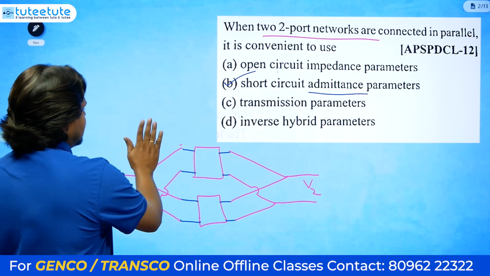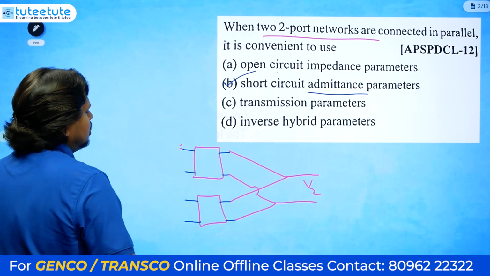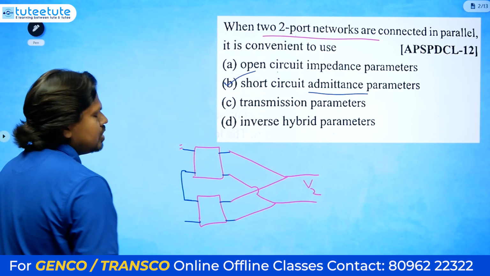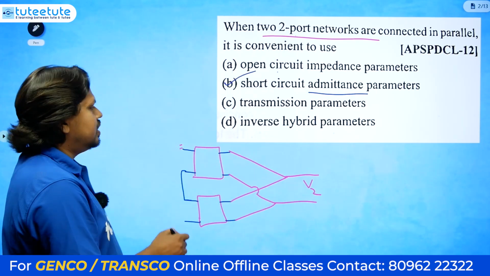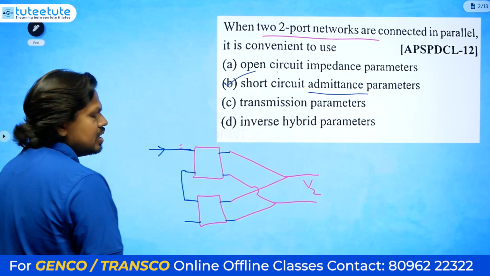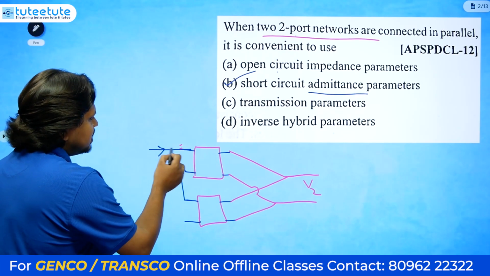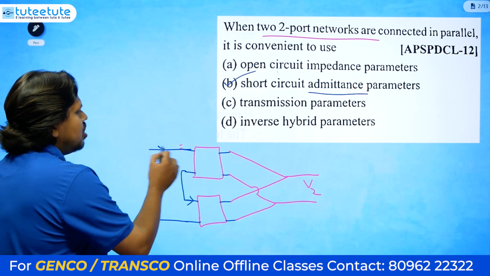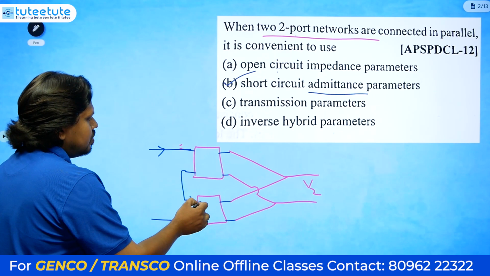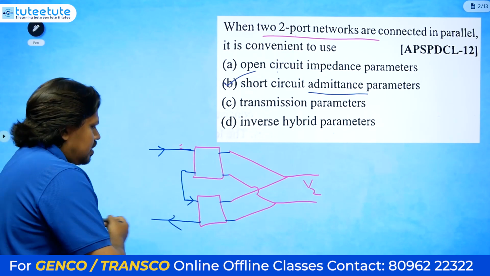What is a series connection? Series connection means this has to be connected. Generally for any resistors connected in series, the current in the first resistor is equal to the current in the second resistor. The same current must go like this and the same current must come like this also.